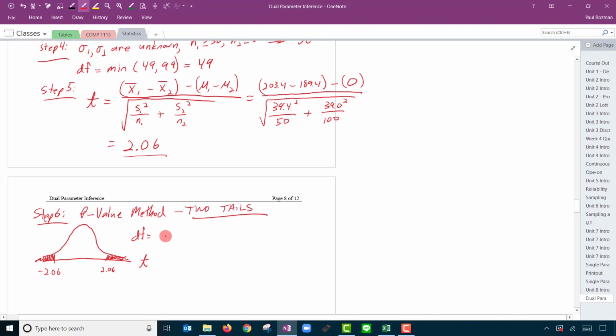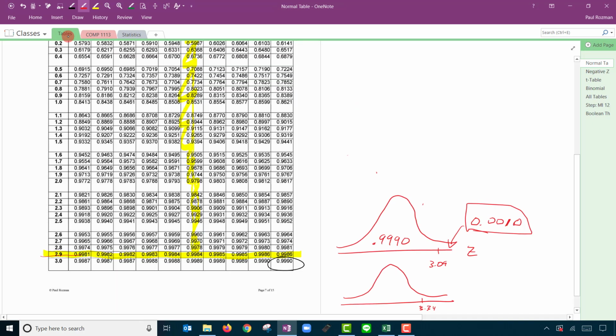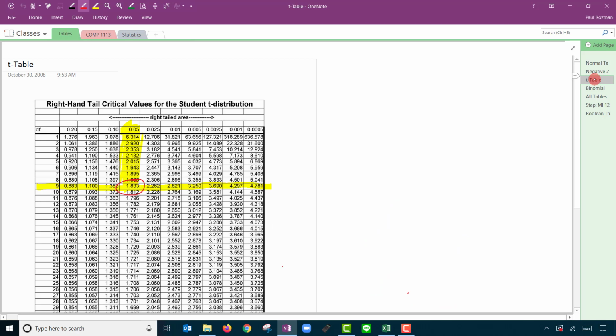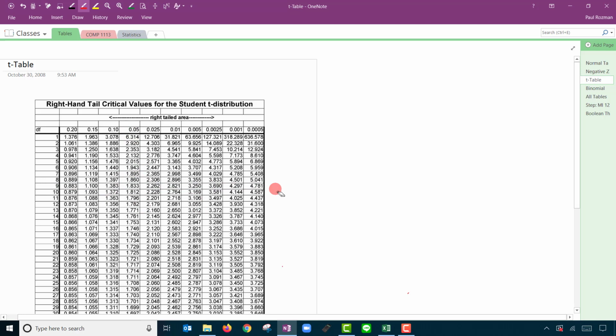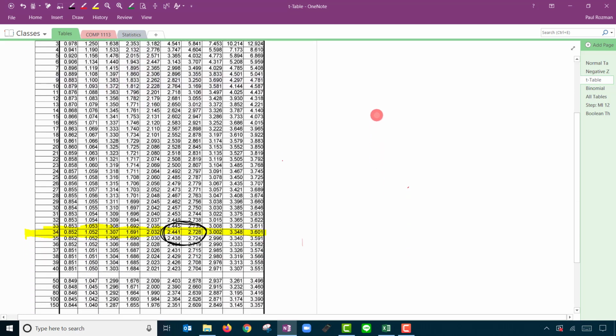The degrees of freedom will be 49 in this case, the smaller of 49 and 99. So row 49 of our positive t-table, looking for 2.06. Let's see if we can find that thing. Here's our t-table. We're looking in row 49.